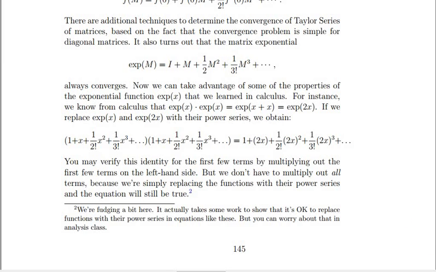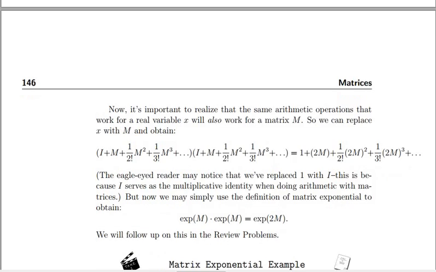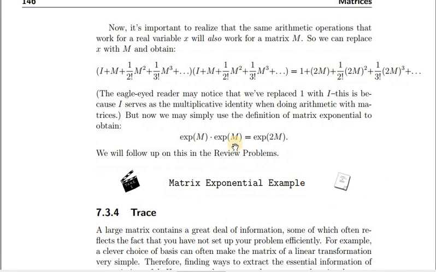So, for instance, I get this result, e to the M times e to the M equals e to the 2M, by plugging in the power series for the exponential of M here, and I can get out the power series for the exponential of 2M here. I know this is true, e to the x times e to the x is e to the 2x. It turns out that it's also true for matrices just by plugging in power series, and it works the same way.